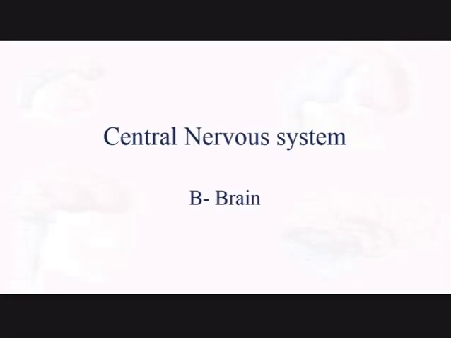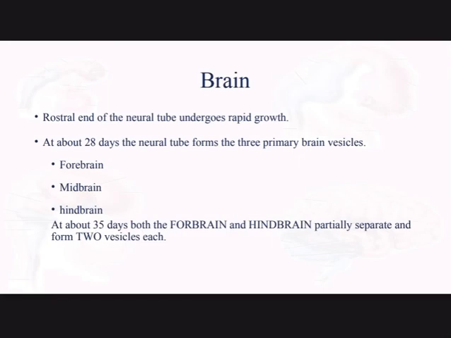طيب البرين, this is شوية complicated لأنه شكله غريب، ف how we imagine it is different. We have the rostral end of the neural tube undergoes rapid change. الrostral اللي هو تحت يعتبر. About 28 days the neural tube forms 3 primary sections or vesicles, let's call it الفرونتال والميد والهندر برين، أوكي، زي ما تقول الفرونت والميدل والباك.